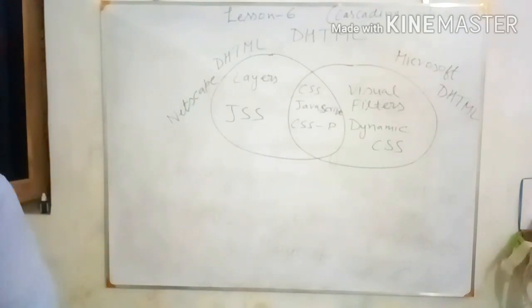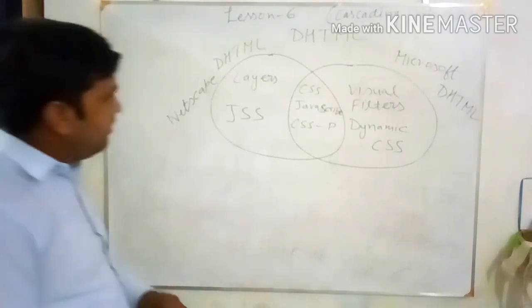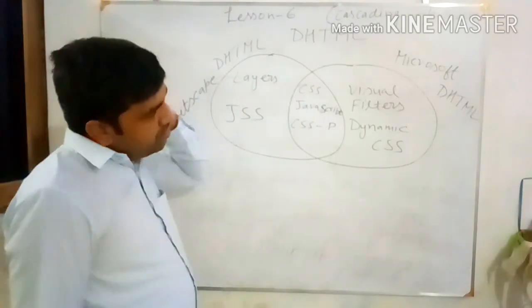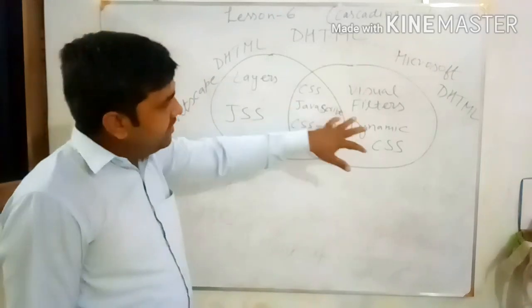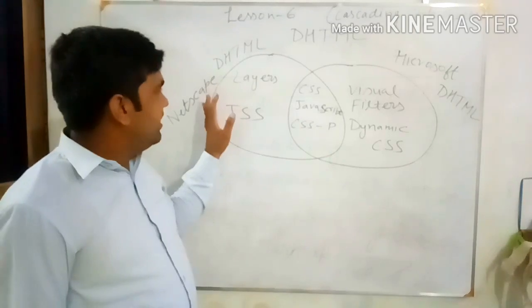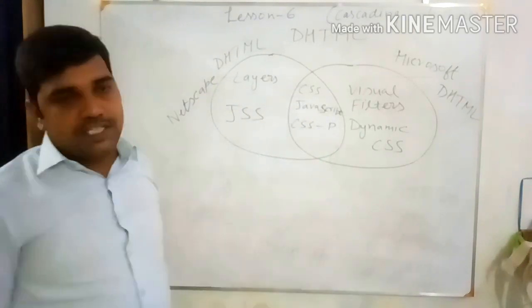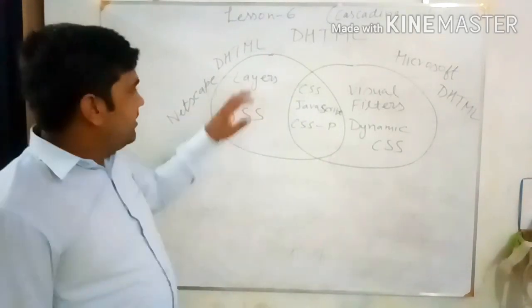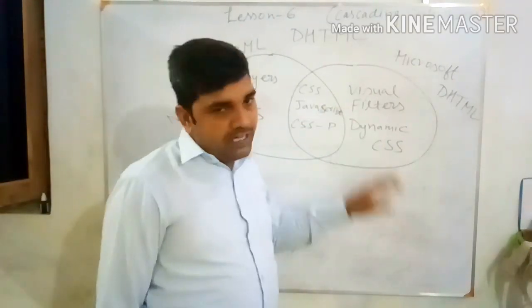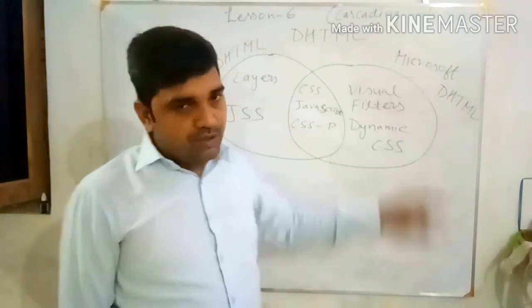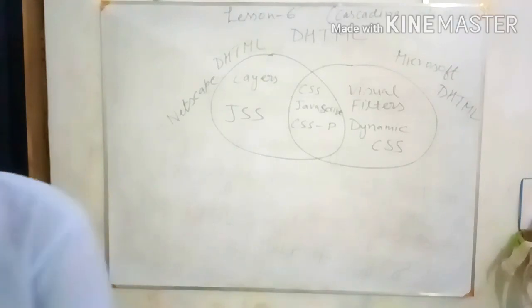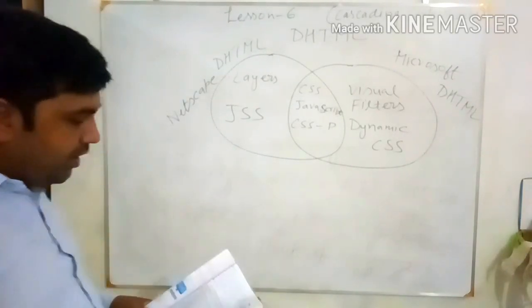This is the set diagram. You can say this is the Venn diagram for DHTML, Netscape DHTML and Microsoft DHTML. Both have common languages, that is CSS, JavaScript and CSSP. The layers and JSS are used only in the Netscape DHTML, and the visual filters and dynamic CSS are used only in the Microsoft DHTML. So this is called the document object model.